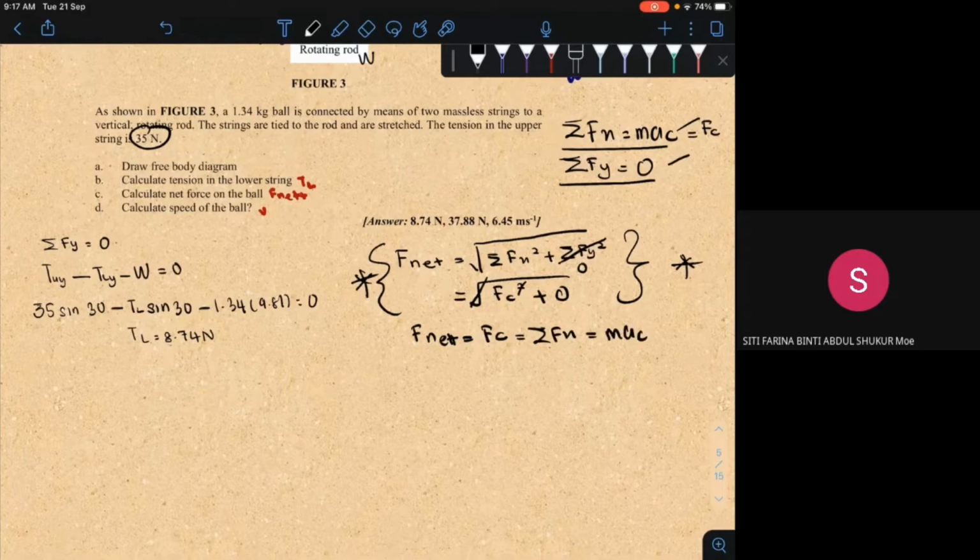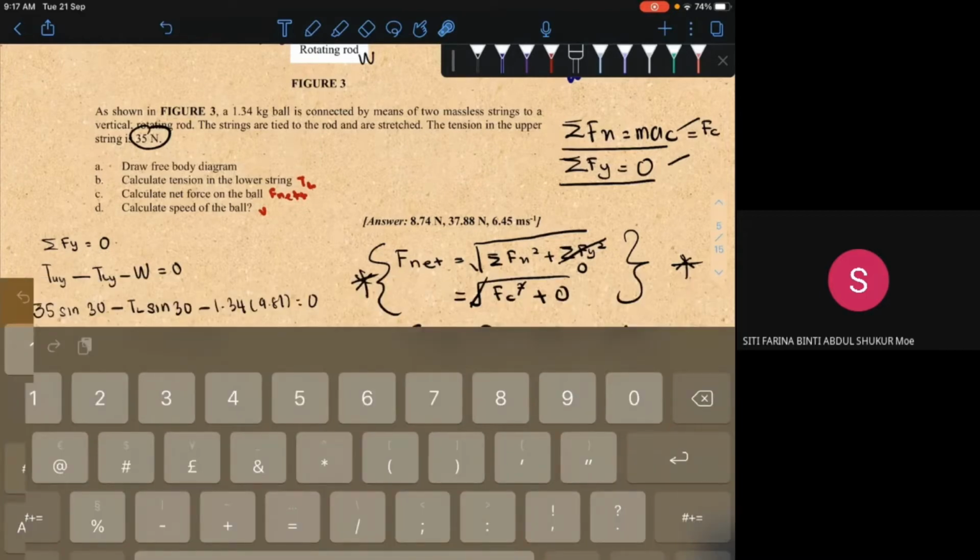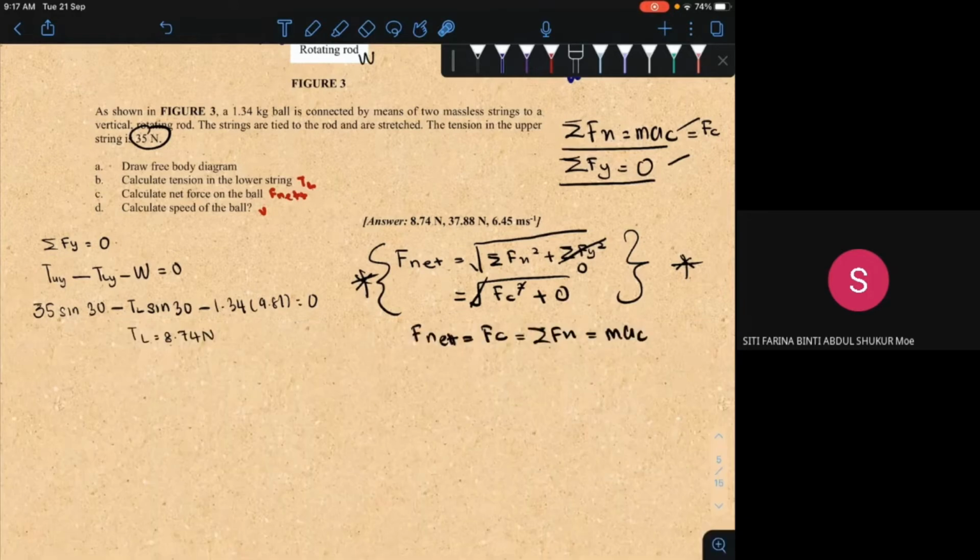So we want to know the value of F net. So your F net is equal to all these things. So we look at which can help us find its answer, which is basically this one, summation Fx, because you can find the summation Fx, because summation F along X here is all the forces along the X axis.